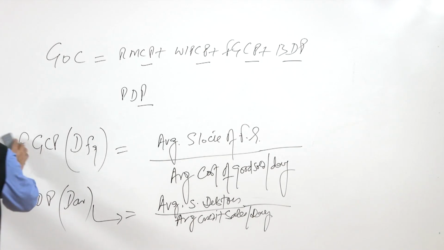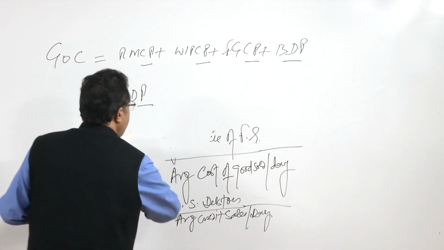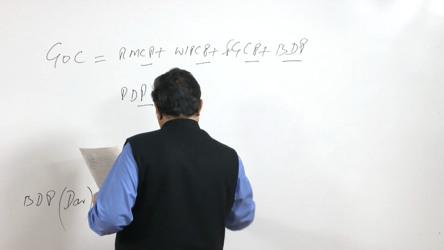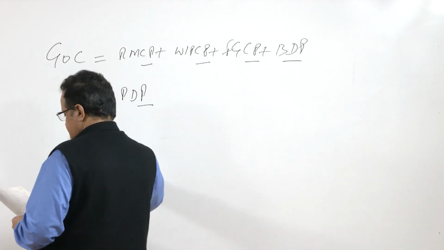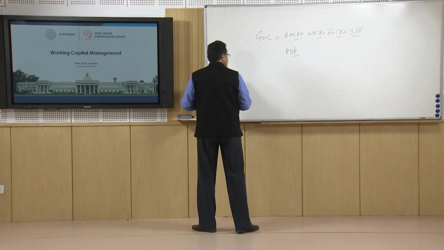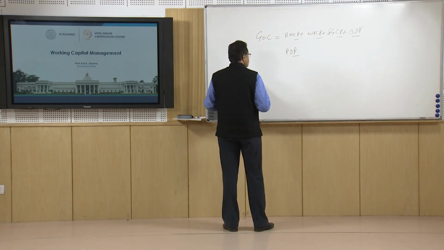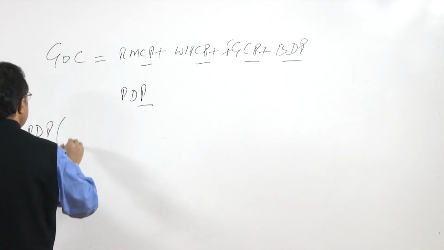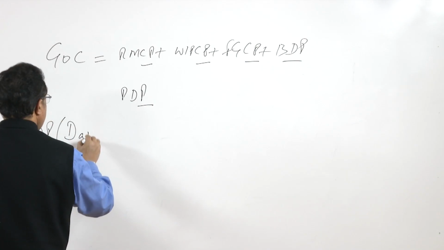And lastly, we will learn how to calculate the PDP, payment deferral period, or the duration of the accounts payable, which is called DAP. So, it means PDP, payment deferral period, or duration of accounts payable.